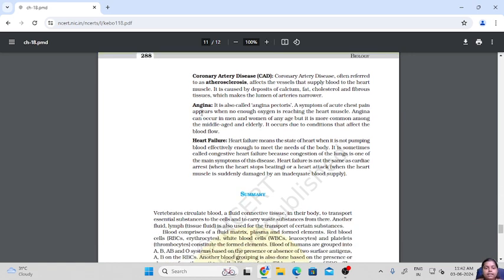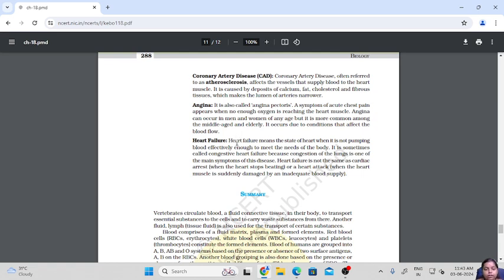Then the next is angina, also called angina pectoris. It is a symptom of acute chest pain that appears when not enough oxygen reaches the heart muscle. Angina can occur in men and women of any age, but it is more common among the middle-aged and elderly. It occurs due to conditions that affect the blood flow.